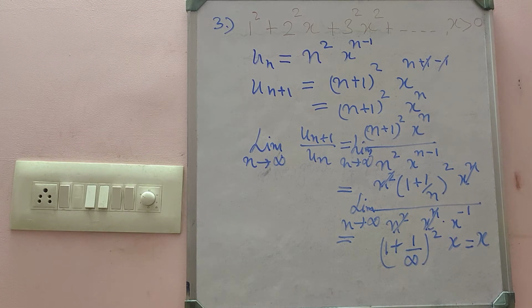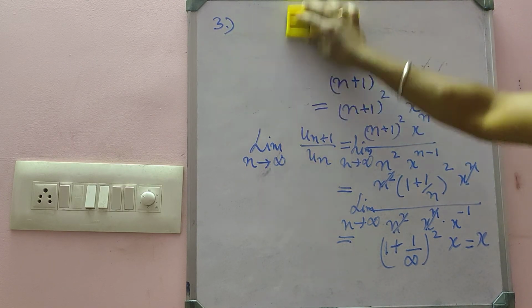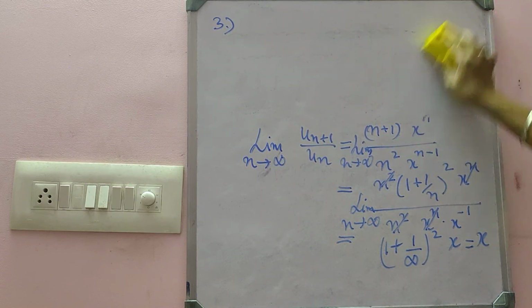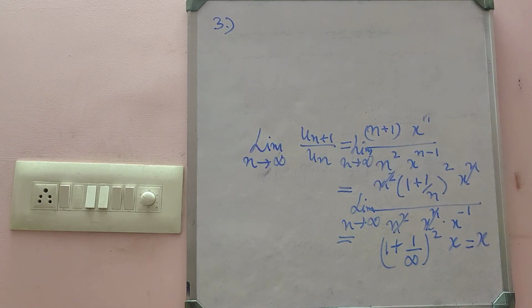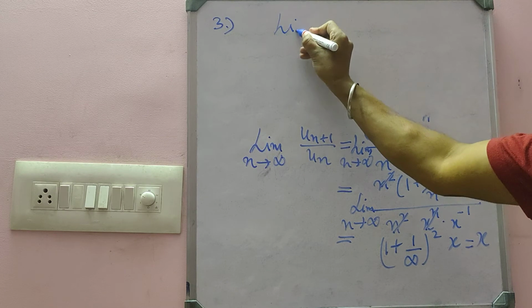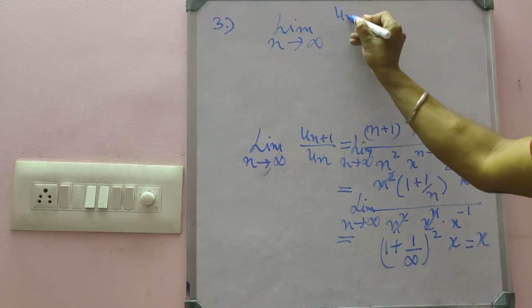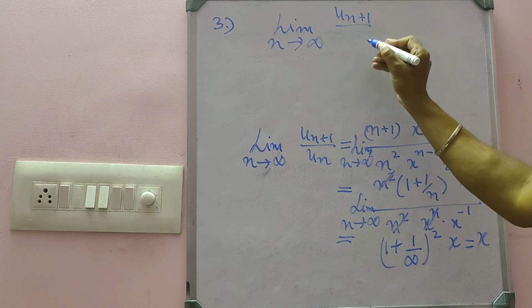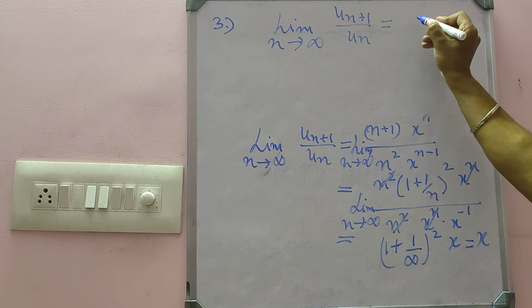So limit n tends to infinity, the ratio of n plus 1 term to n term is giving you the value x.